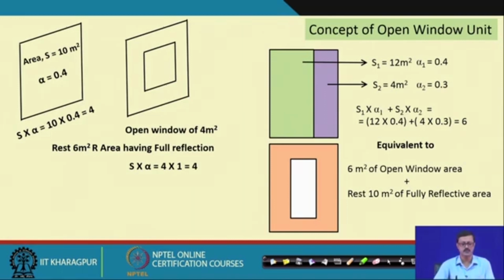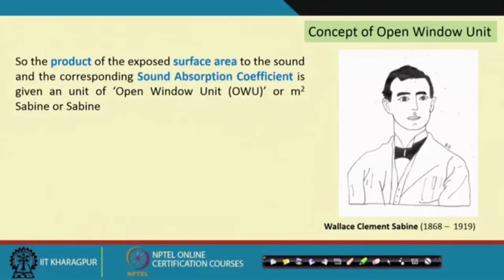So, what I mean to say from this slide is that this S alpha product is related to an open window. It is equivalent to how much proportional area of open window, I am just comparing that. This open window concept was initially called the open window unit, OWU, or meter square Sabin.